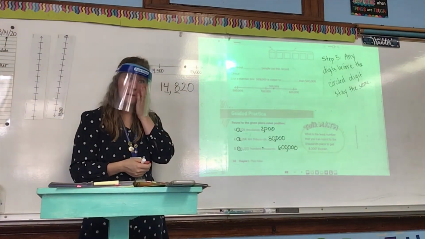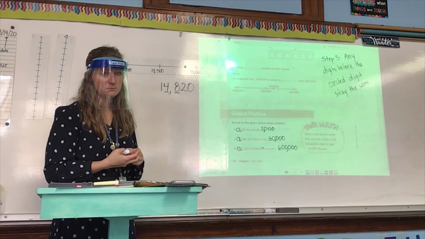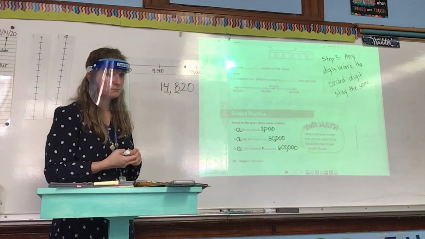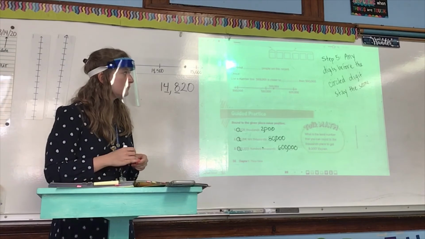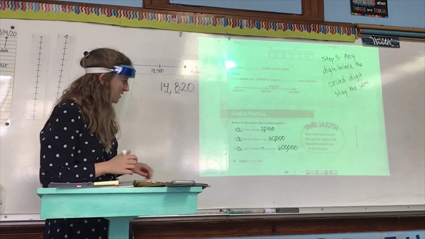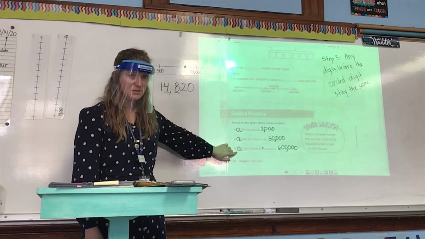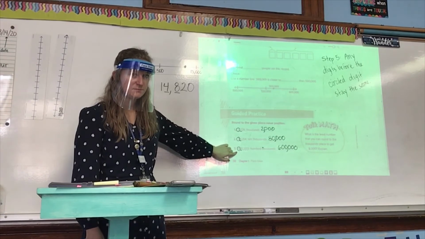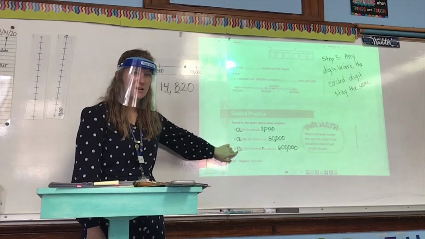Read step 5 again. Any digit before the circled digit stays the same. So Zari, do we have any digits before the circled digit here? No. So do we have to worry about step 5 here?